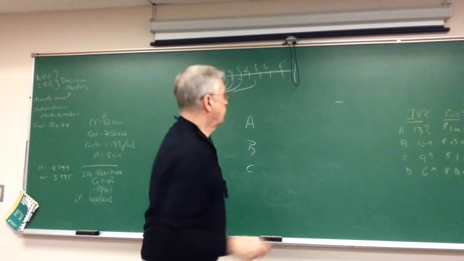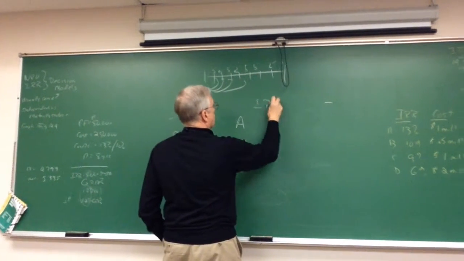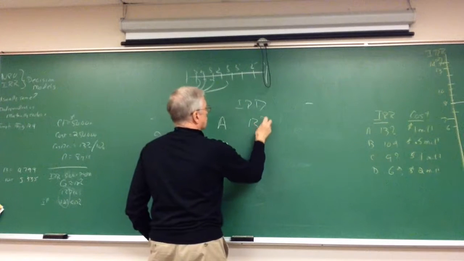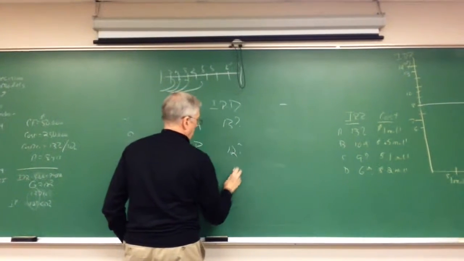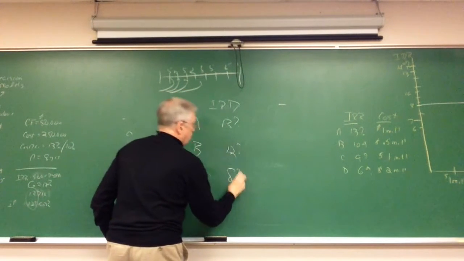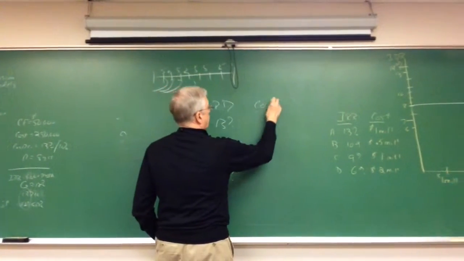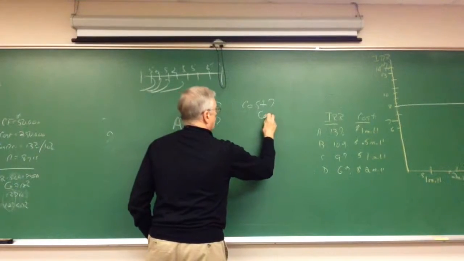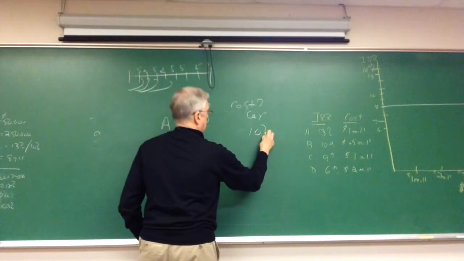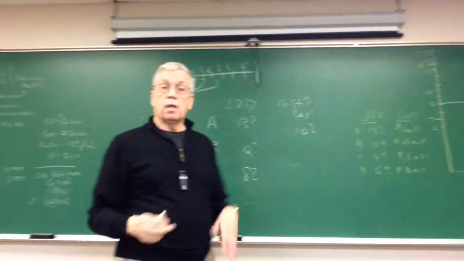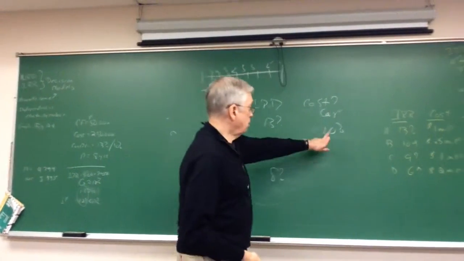I'll give you internal rates of return. 13%, 12%, 8%. Here are my internal rates of return. My cost of capital is 10%.